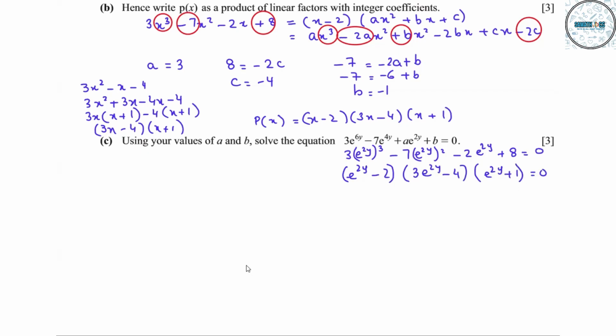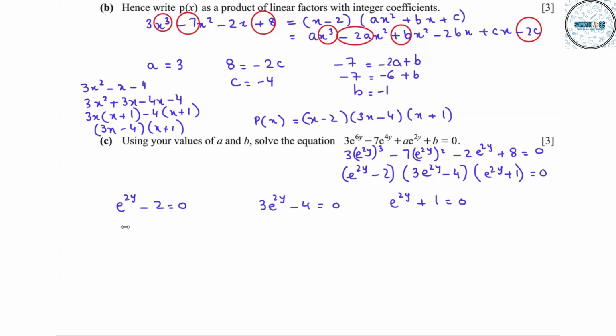Now we can find out the values of y by equating e power 2y minus 2 to 0, then 3e power 2y minus 4 is equal to 0, and e power 2y plus 1 is equal to 0.